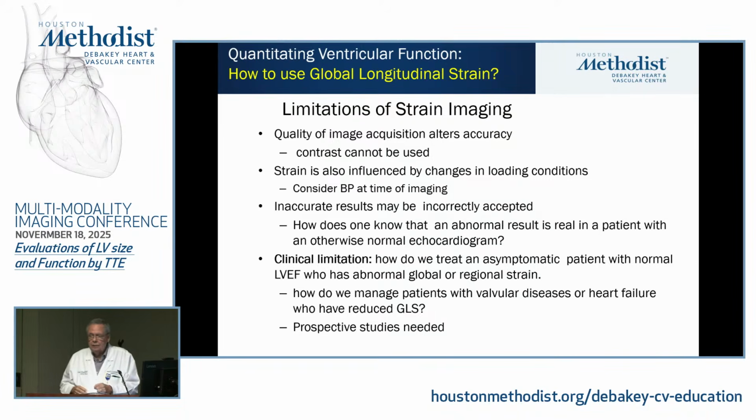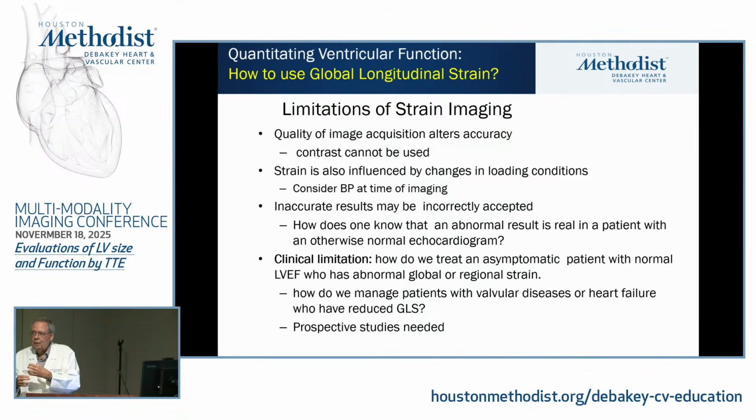In the guidelines, they talk about the different grades of heart failure. As you know, grade A is when people are at risk, but they still don't have any major changes. Grade B is when you already see some changes, LVH, big left atrium, diastolic dysfunction. So what if you are in grade A, but you have reduced GLS? Should that then convert you to a grade B?